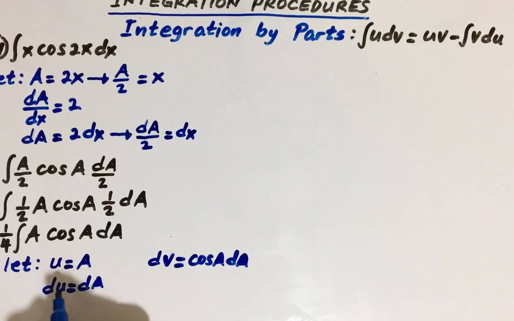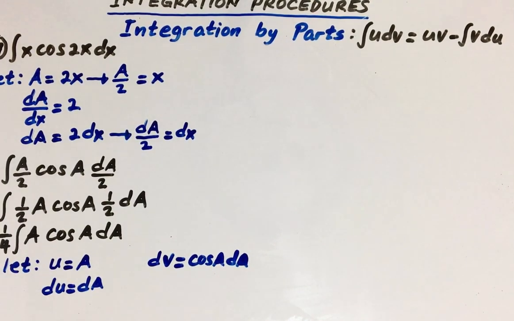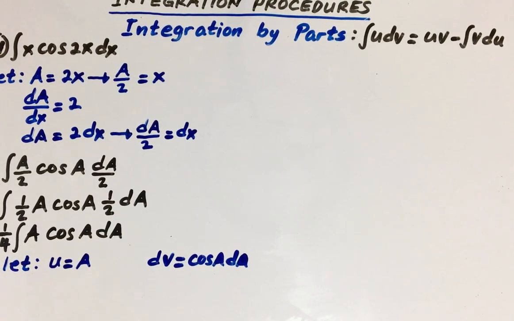It's just the same as when you take the derivative of u with respect to a, so you have du. Okay, so that we can be consistent, class, we will do the same as in our previous examples.